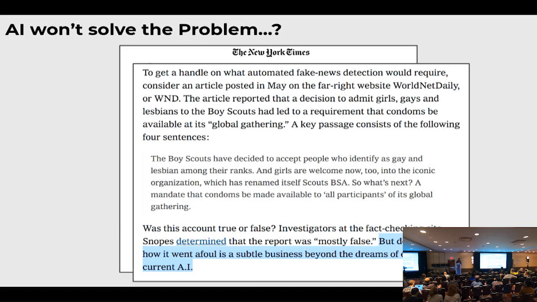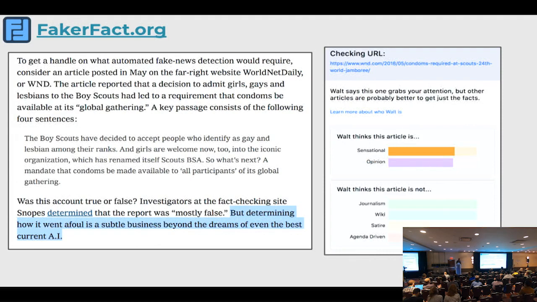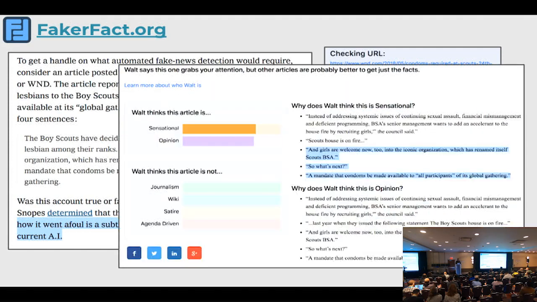In the problem that they're trying to solve, automating fact-checking, yeah, probably right. But if you look at it the way we have been approaching it, it seems to be very easy to detect that this is highly sensational and highly opinionated text, so something to find suspect.